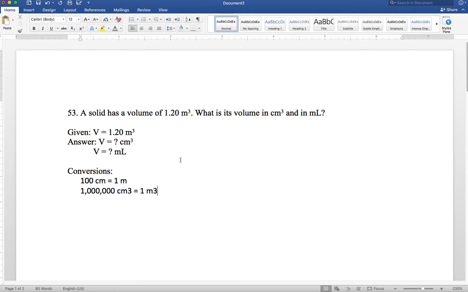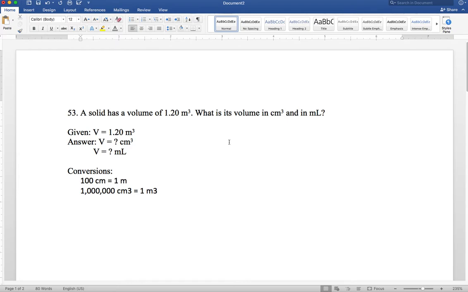The recommendation anytime you're asking in Google for a conversion: if you know which one's smaller, start with that one. Say how many of the small one are in the bigger one, in this case cubic centimeters in cubic meters, because here's what happens if you do it the other way.